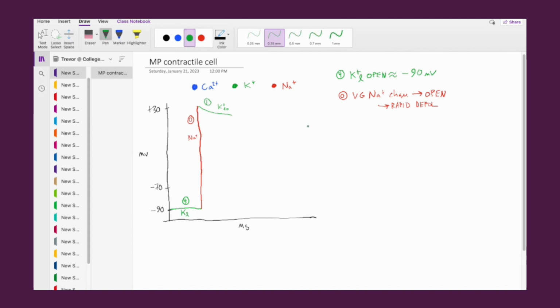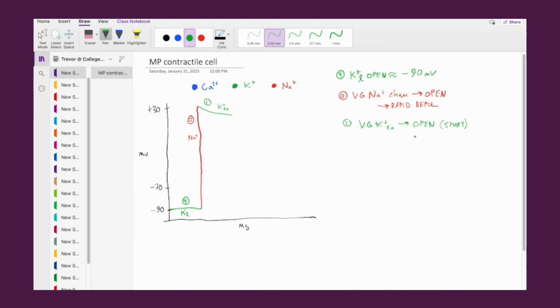Back to potassium here. So at step 1, we have this transient outward potassium channel. That is a voltage-gated K plus transient outward, and it is going to open. Now again, when we say transient, that means kind of short-lived, so it's only open for a short period of time. And you can remember outward, that's the flux direction, the potassium is going to be leaving the cell.